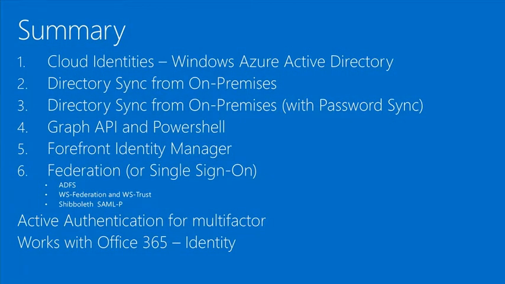So, summary. What I wanted to try and do today is to give you guys information about the 3 different ways that you can use identity with Office 365, being cloud identities, synchronized identities, and federated identities, and hopefully give you some guidance that when you're talking to people in different environments, different scenarios, they can make a choice between which one of these they want to pursue.